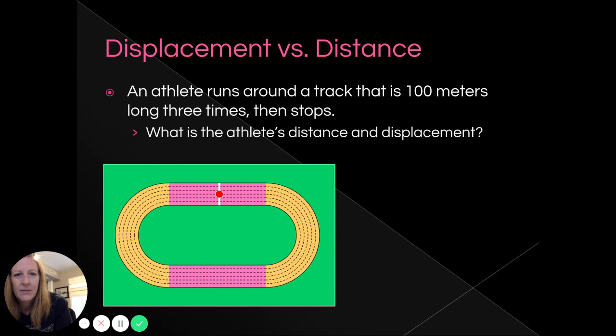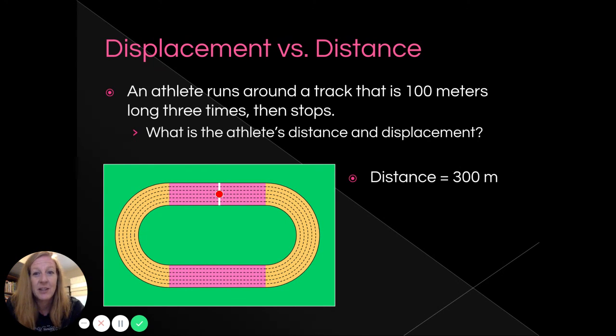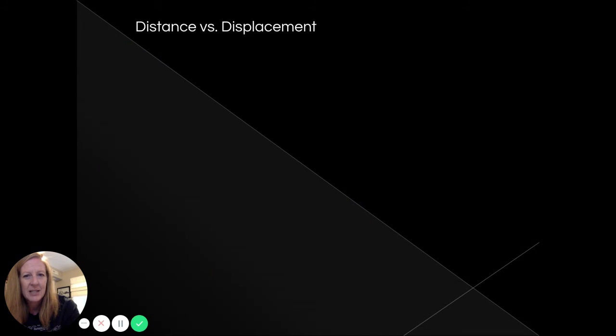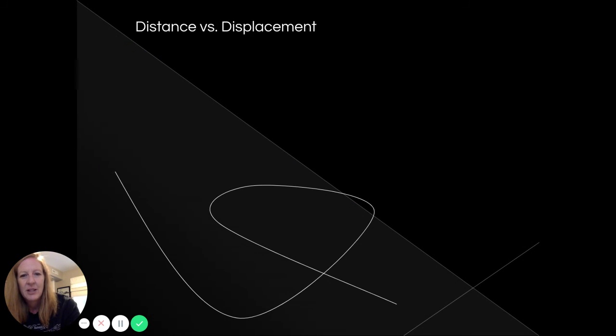Displacement is 0. The athlete ended up at the same place that he started. The reason why is that displacement has direction, and in this case, the individual ended up at the exact same place that he started.